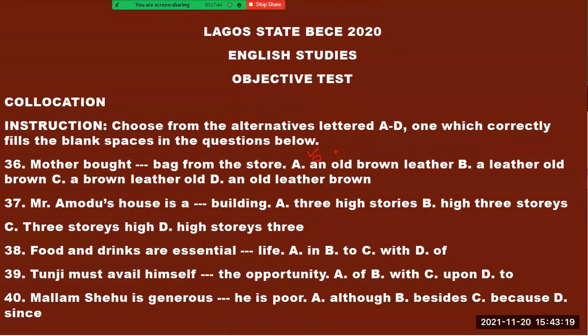Old is age. Brown is color. All right, and if you look at now, let me show you the order of adjectives.